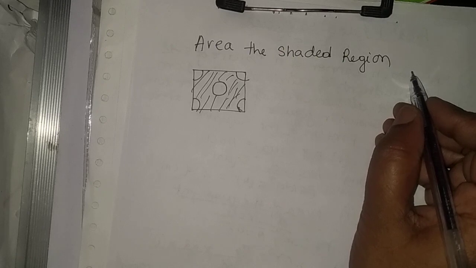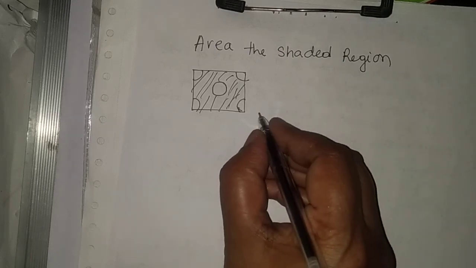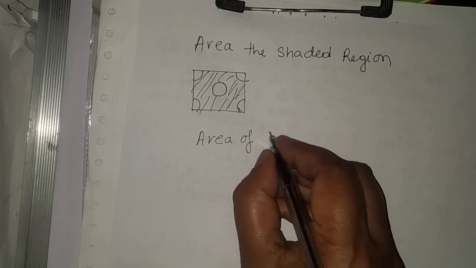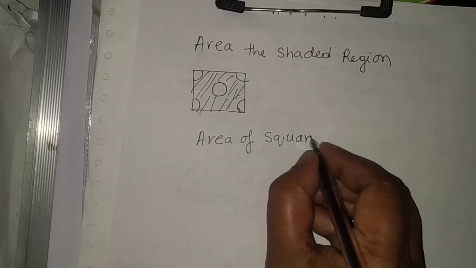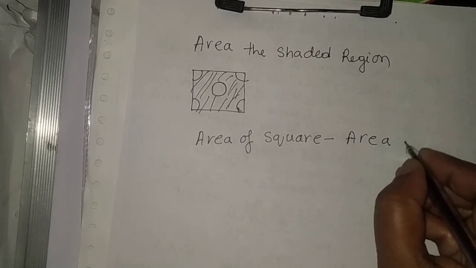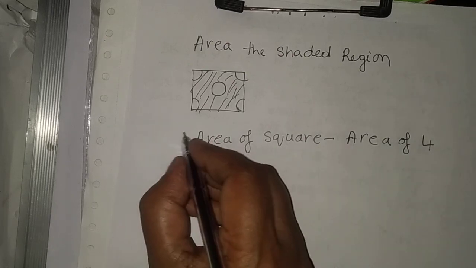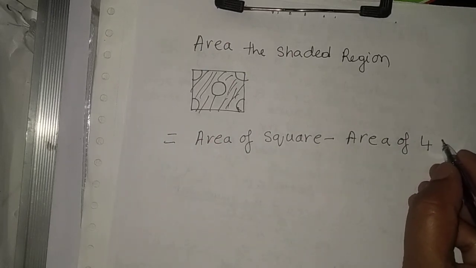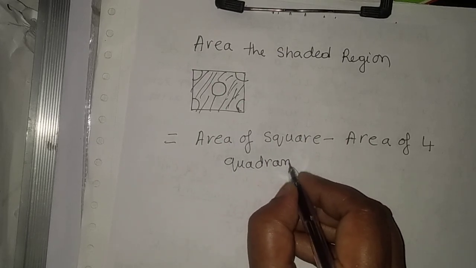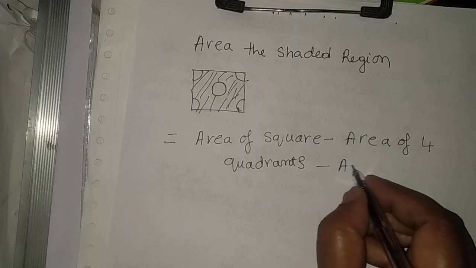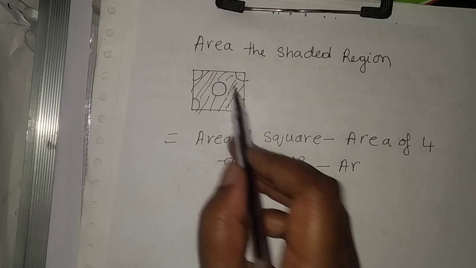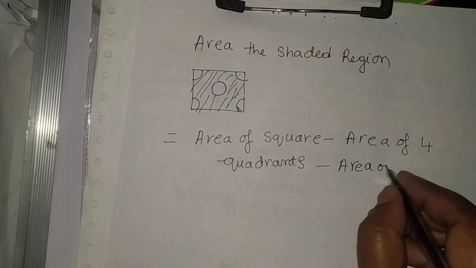Then the area of the shaded region is equal to the area of the square minus the area of four quadrants minus the area of the circle.